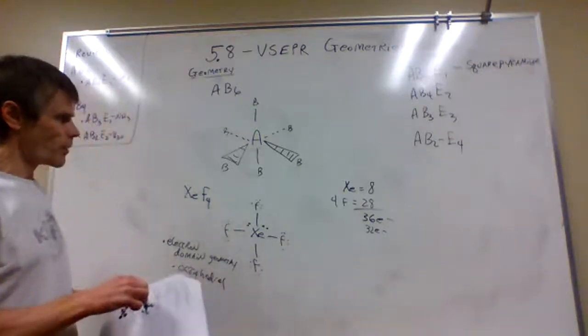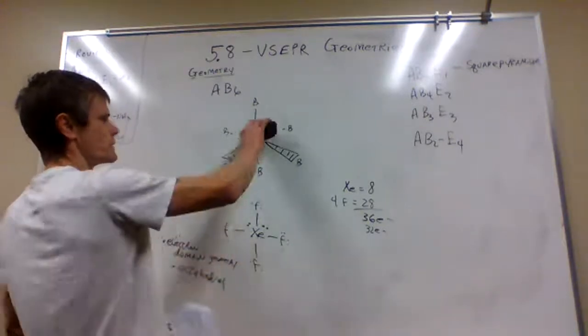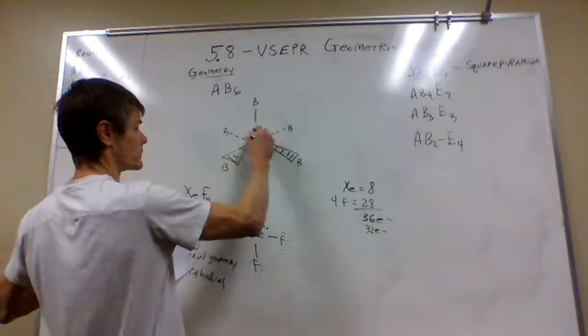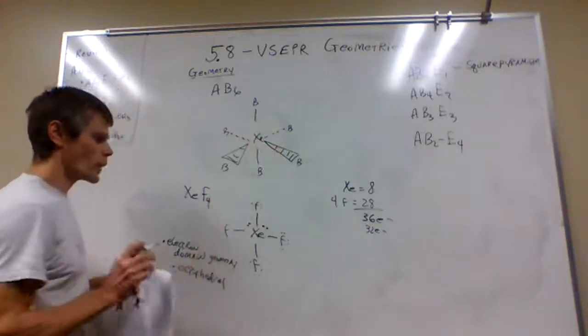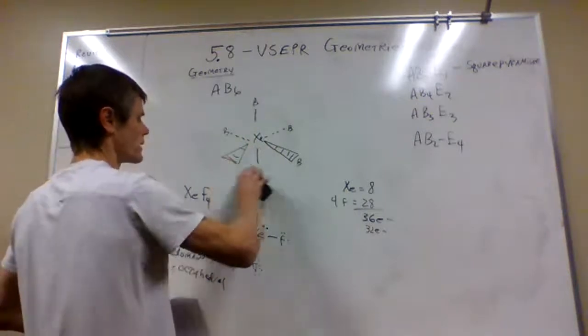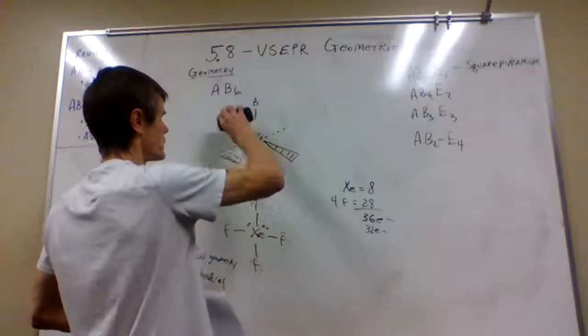So let's look at our model here, and let's put xenon in the center. This is what we're seeing. We have xenon here. And where we're going to put our fluorine, we're going to put a fluorine out here, a fluorine there, and a fluorine there.